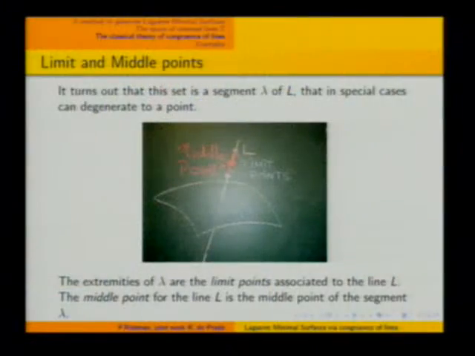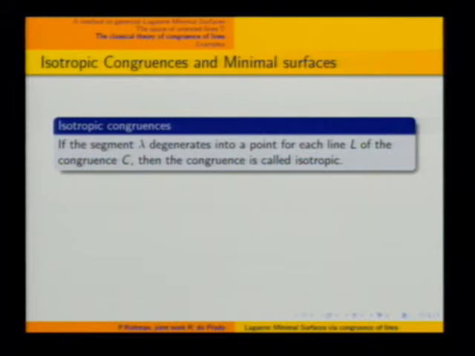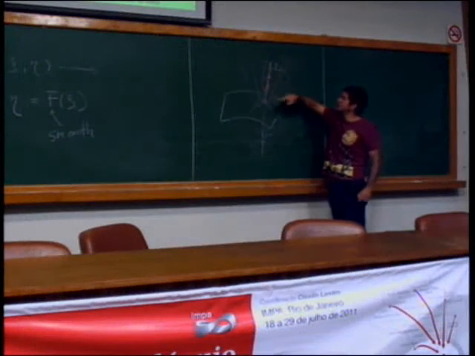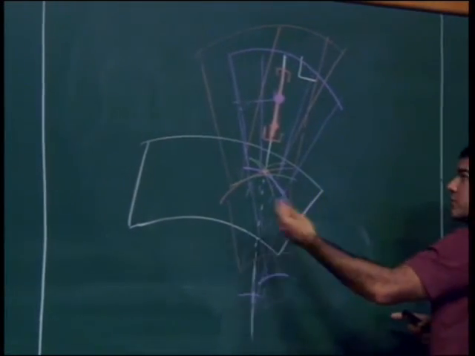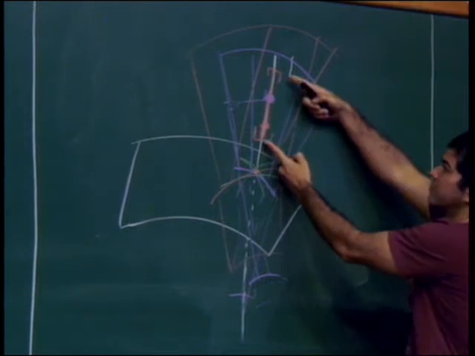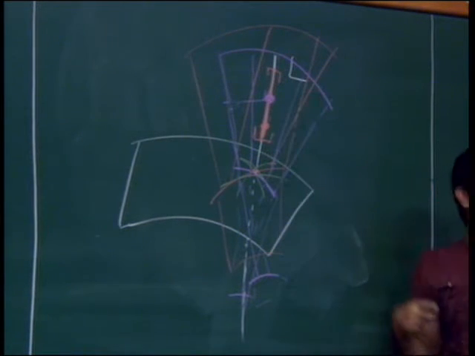And we have that. Now I can tell you what isotropic congruences are. There are very special types of congruences for which this segment degenerates to a point. For each line of the congruence of lines that you consider, this segment degenerates to a point.